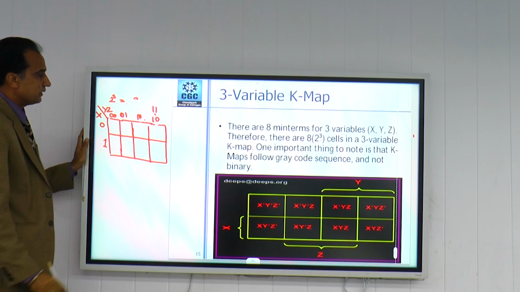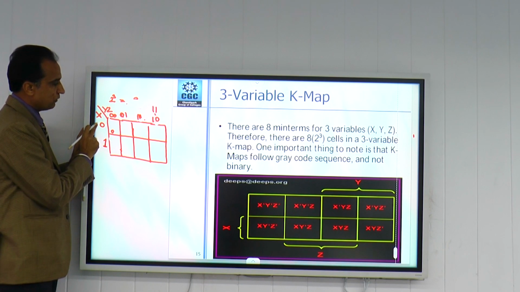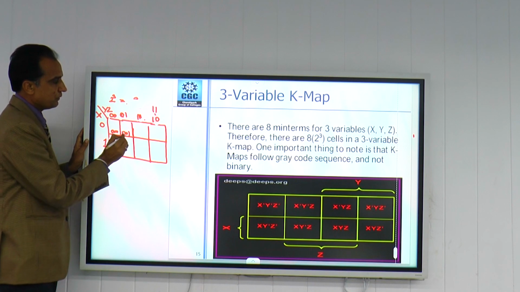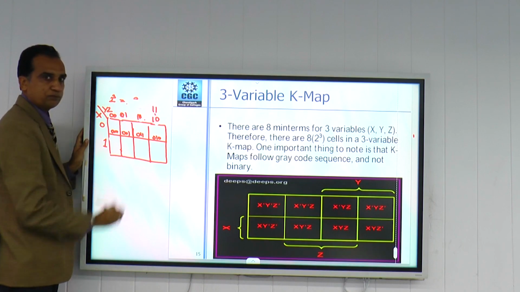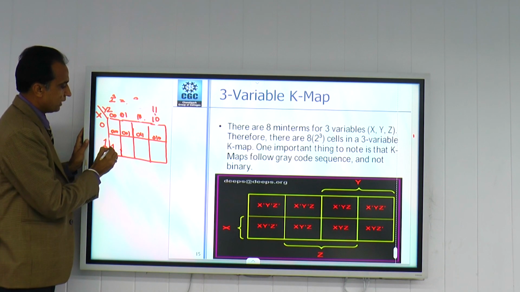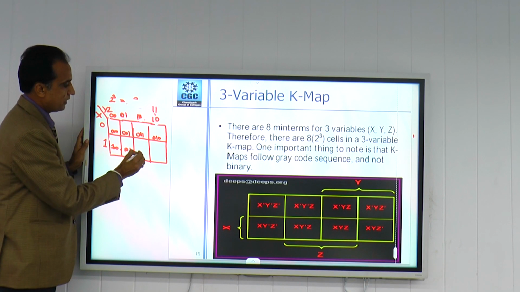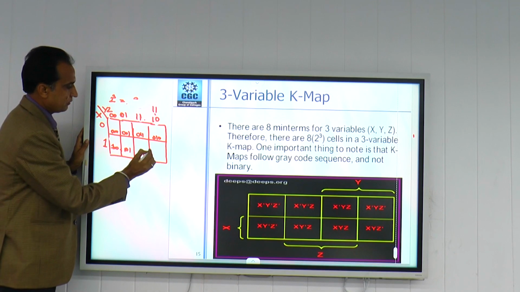Now how do we represent the min terms? If we write the x value first and then the y z value: 0 then 0 0, 0 1, 1 1, 1 0; then 1 0 0, 1 0 1, 1 1 1, 1 1 0.